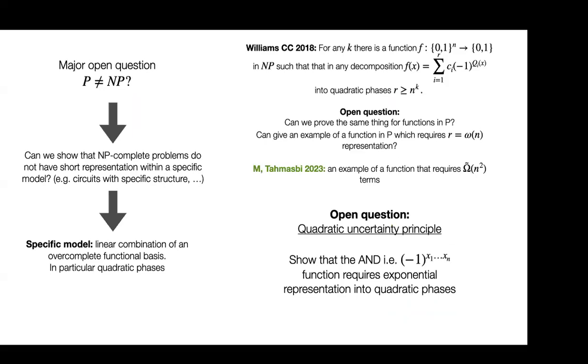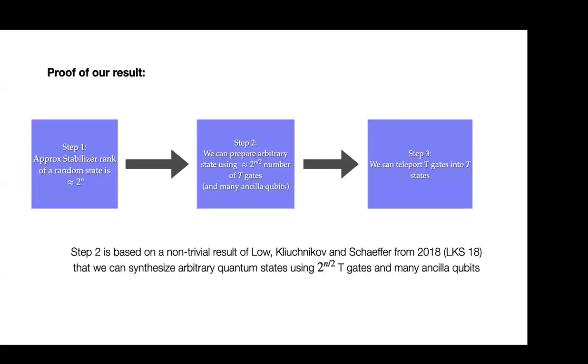And our example exactly fits into what they observed there. And there are outstanding open questions such as the quadratic uncertainty principle, for example, the AND function can be proved to require exponential terms in quadratic phases, and these are interesting questions that this field is about.